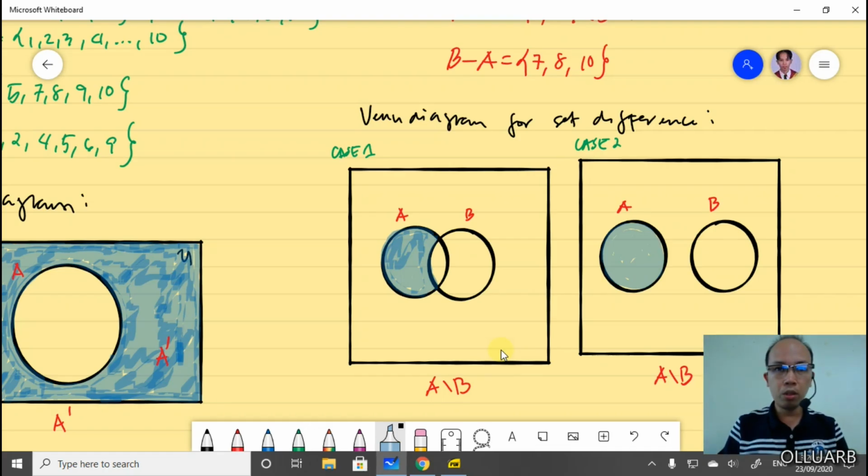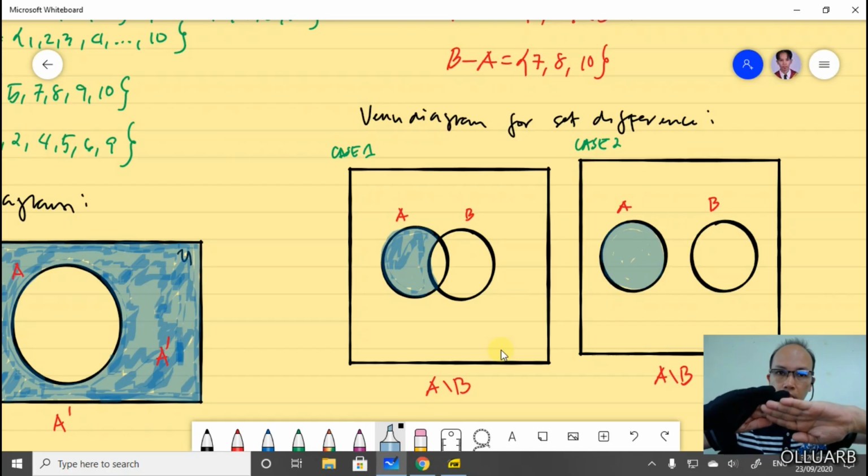For example, if this is my left hand, if this is your cake, so this is your set A, and then this is your set B. When you say A minus B, all you have to do is overlap the set B onto set A, and the remaining objects, this one here, is what we call the set difference.